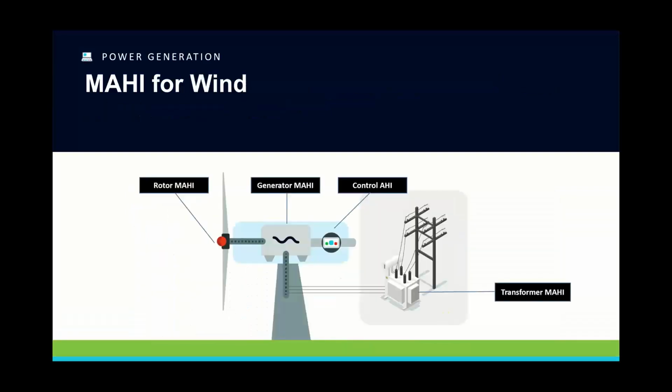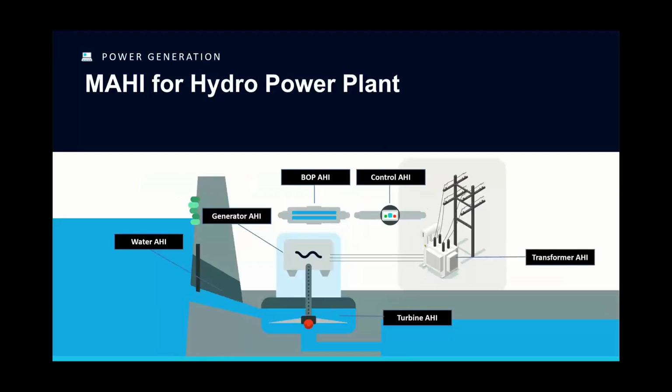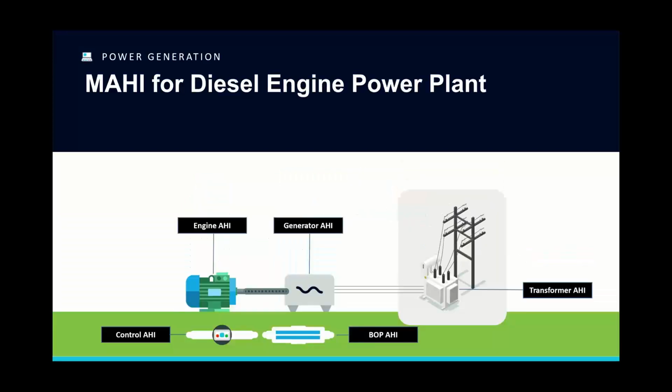Now, that also applies to wind turbines. We can look at the rotor, the generator, the control system, the transformer, basically the same way. And that cuts across into other generation technologies such as hydro and diesel engines.